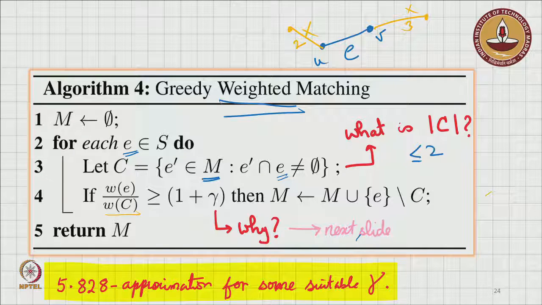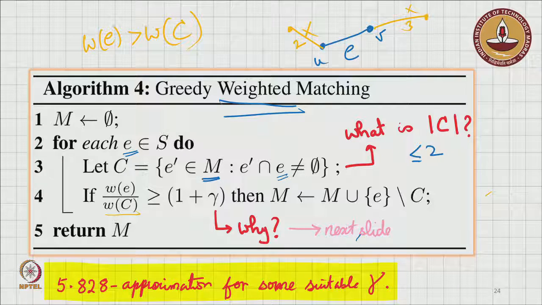So your intuition might say that you just simply do that if this condition holds: if W of E is greater than W of the edges in the set C, then E is good enough. Okay, but as it turns out, that has a small problem.